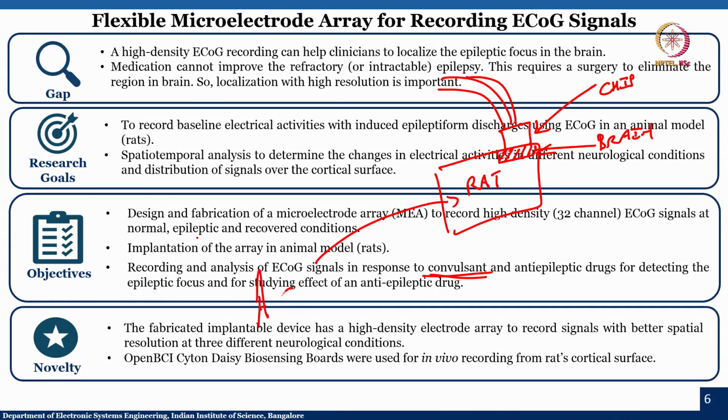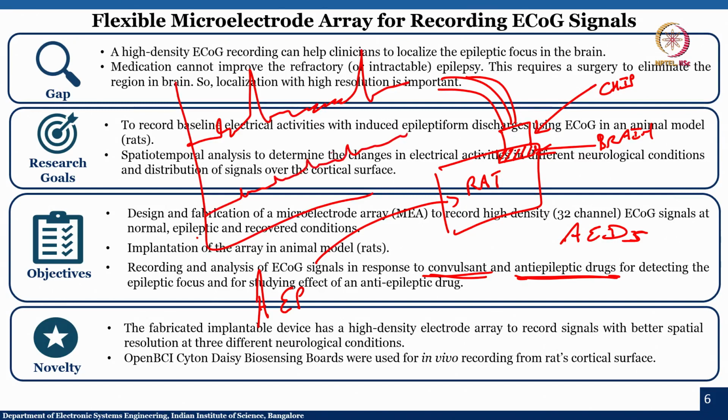Now, once it is there, we will inject anti-epileptic drugs, AEDs. The anti-epileptic drug can be injected into the rat's body, which will pass through and reach the brain, and it will bring the random signals back to the baseline EEG signals. Now what you observe in this case is that this epileptic episode has disappeared.